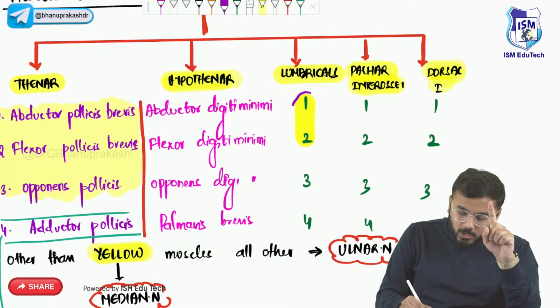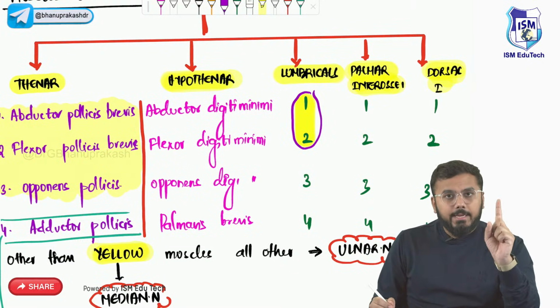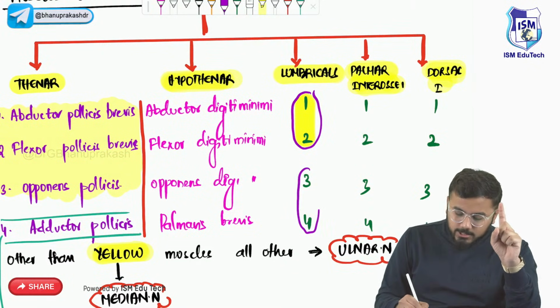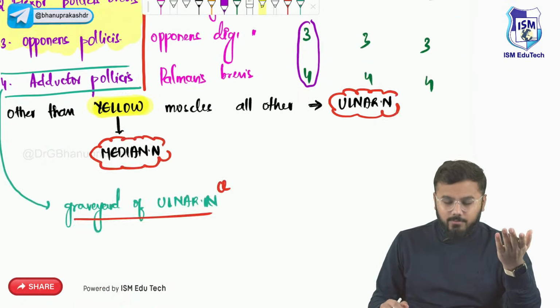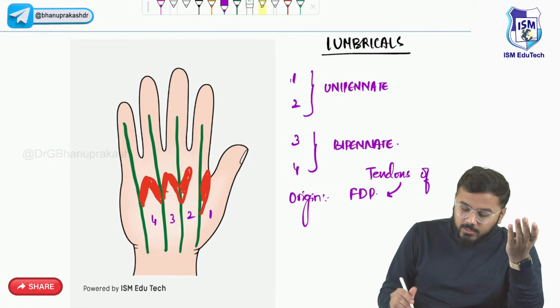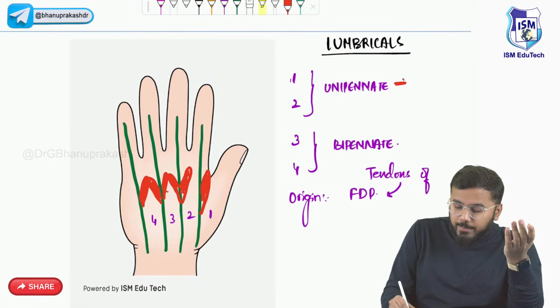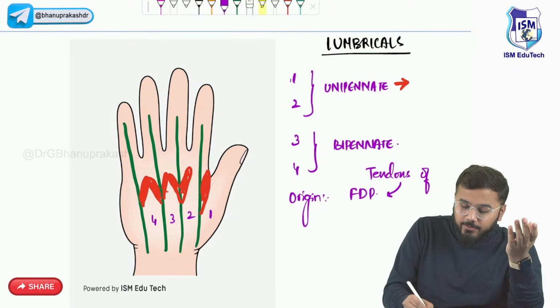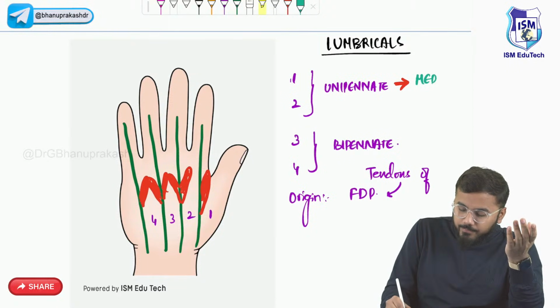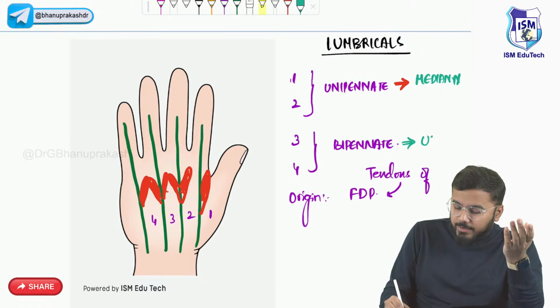The first 2 lumbricales, the unipennate lumbricales, are innervated by the median nerve. The next 2 lumbricales, 3 and 4, are innervated by your ulnar nerve.